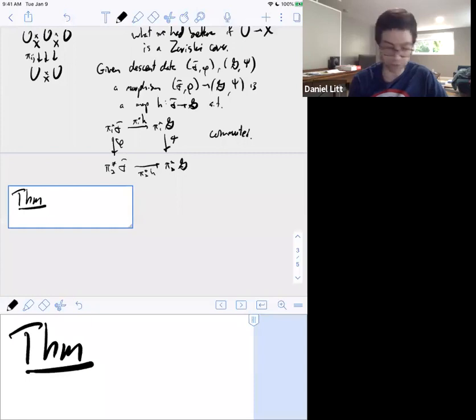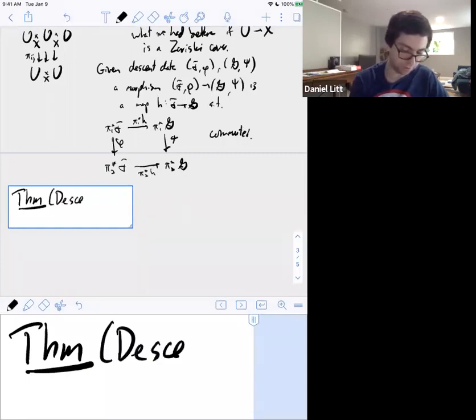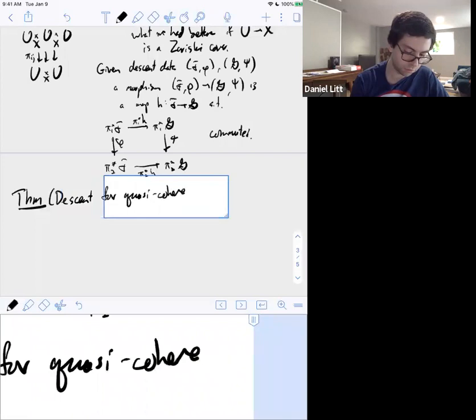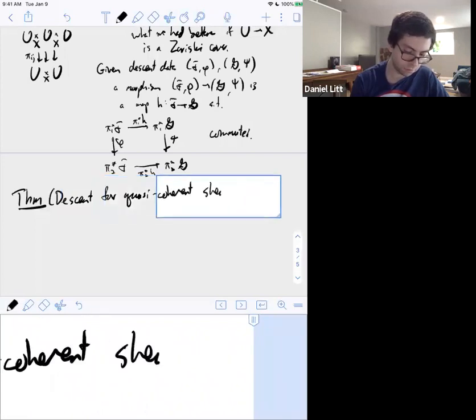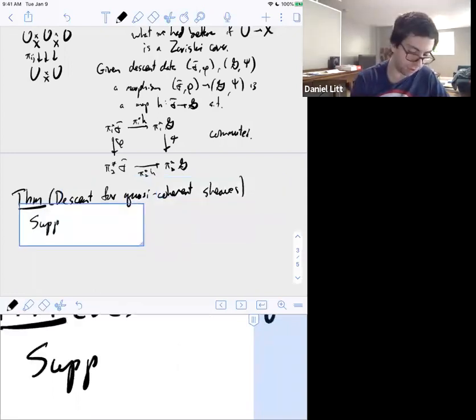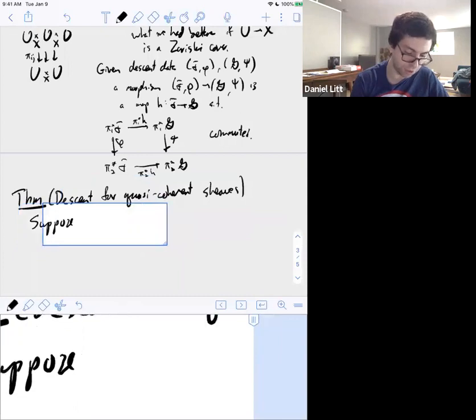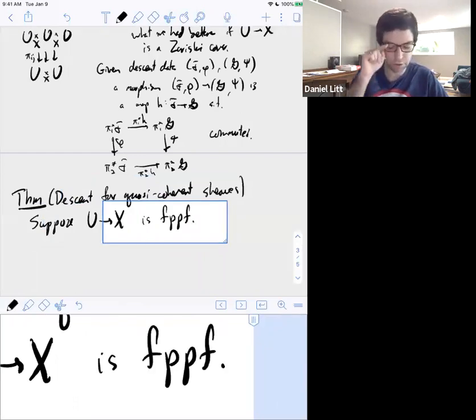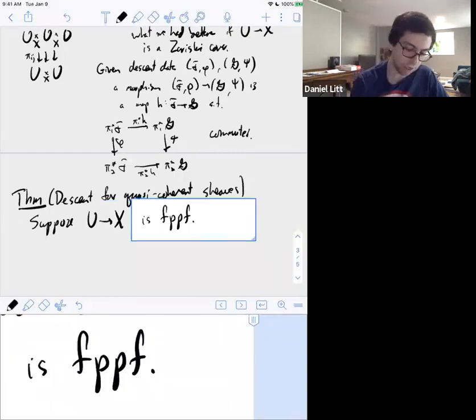The theorem, called descent for quasi-coherent sheaves, is that, suppose, I defined descent data for an arbitrary morphism, but suppose U to X is fppf, so faithfully flat and of finite presentation. In fact, all you need is faithfully flat and quasi-compact, but I'm avoiding discussing that for this course.